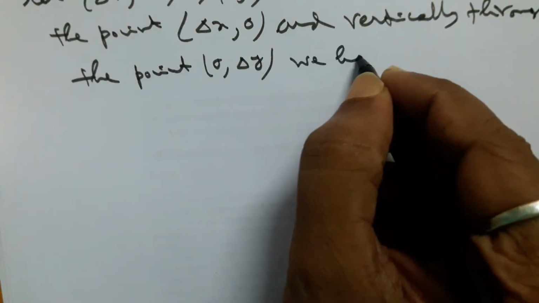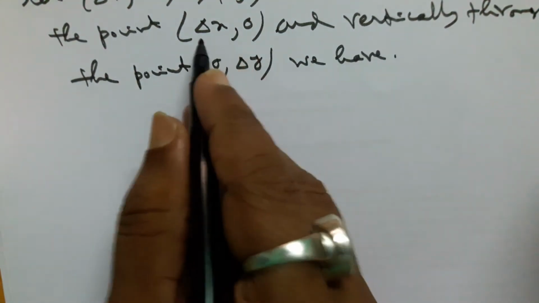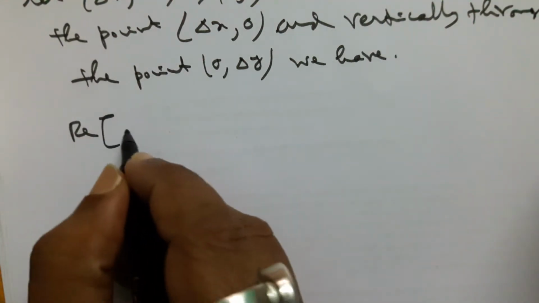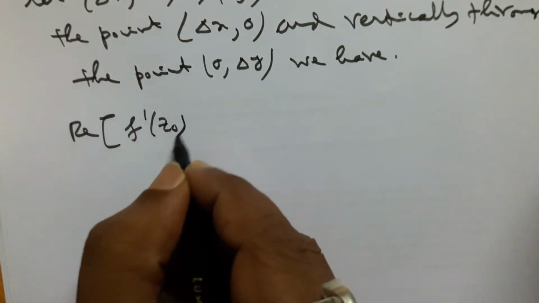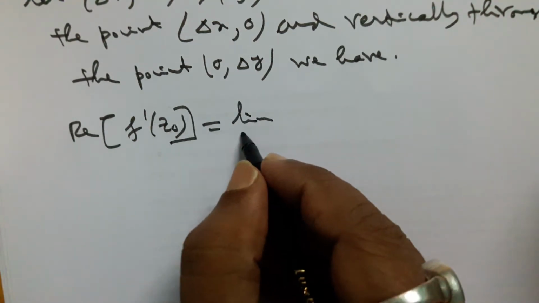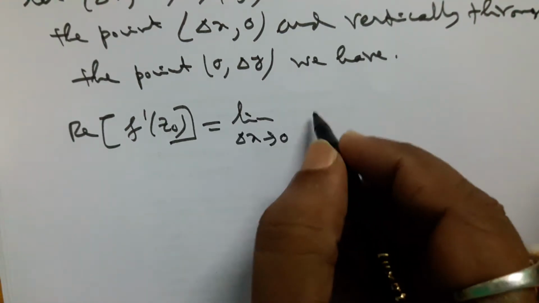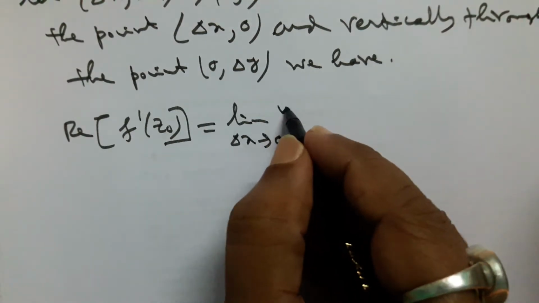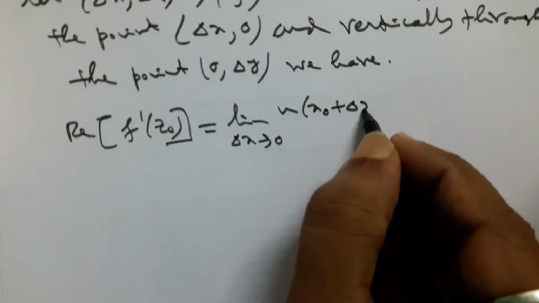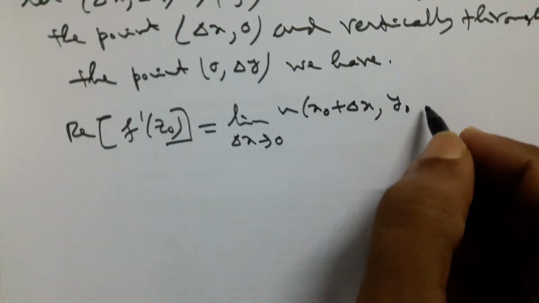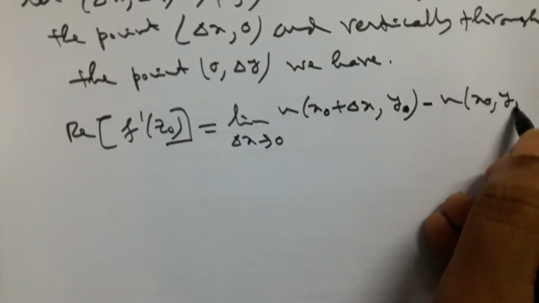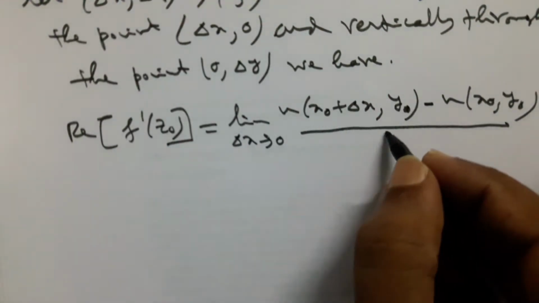In the horizontal case, the real part of f dash z0 is simply the limit as del x tends to 0, because the y component is already vanished, of u of x0 plus del x, y0, minus u of x0, y0, divided by del x.